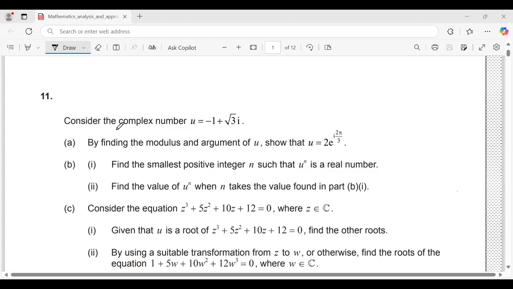Number 11, consider the complex number u equals minus 1 plus square root 3 i. A, by finding the modulus and argument of u, show that u equals e to the power i 2 pi over 3, 2 pi third. Okay, finding the modulus and argument.